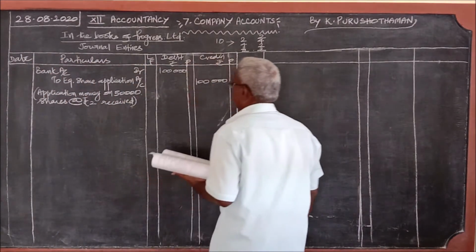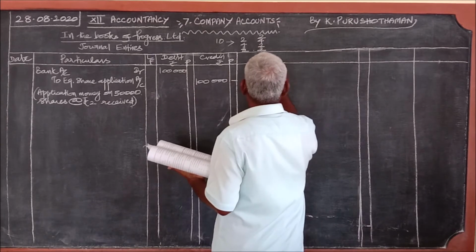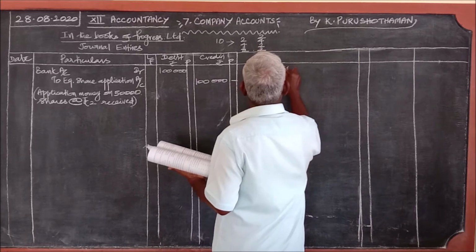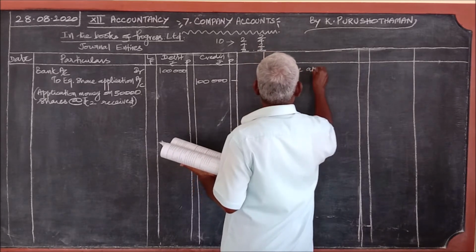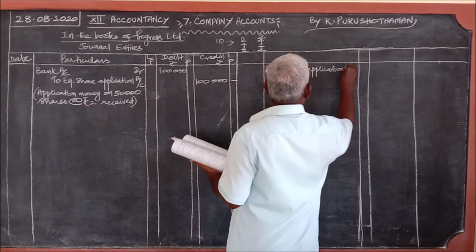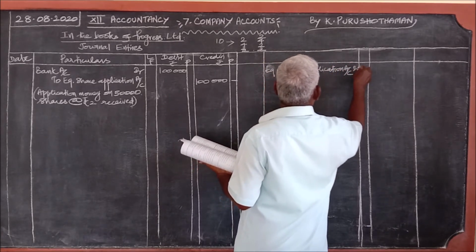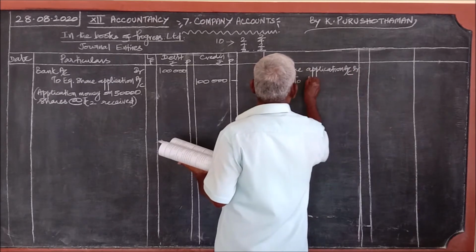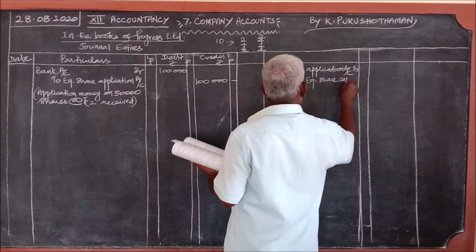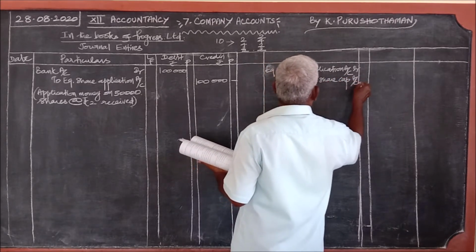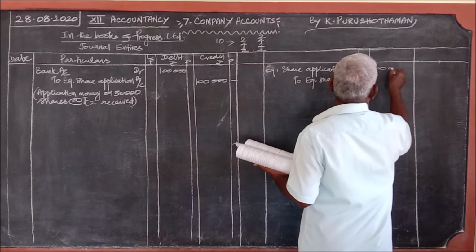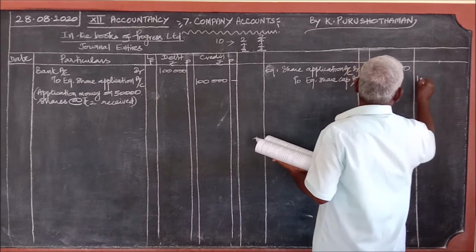So what we should write here: equity share application account debit to equity share capital account. The same amount.